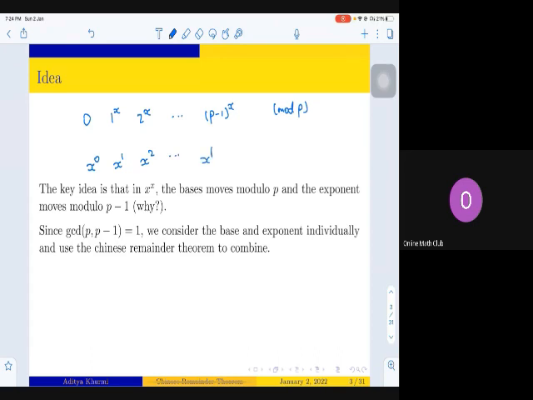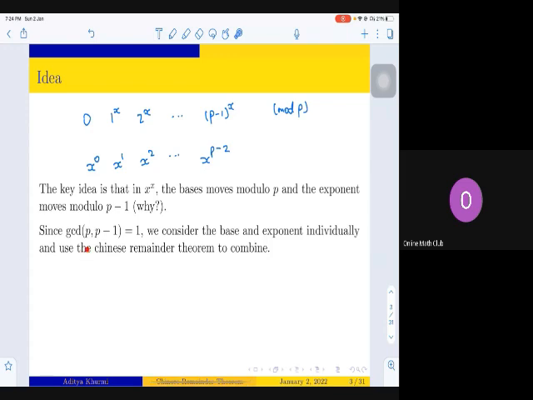Once you have x raised to p minus 1, that is basically 1, which is x raised to 0. Then x raised to p is this, and all that. So the exponent moves modulo p minus 1, and the base moves modulo p.